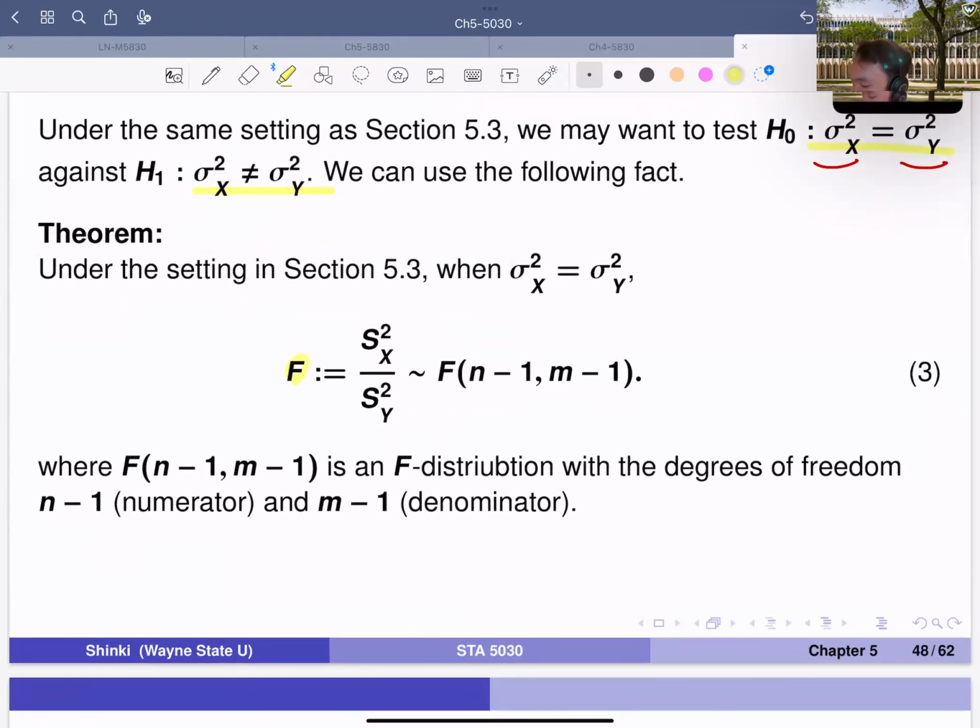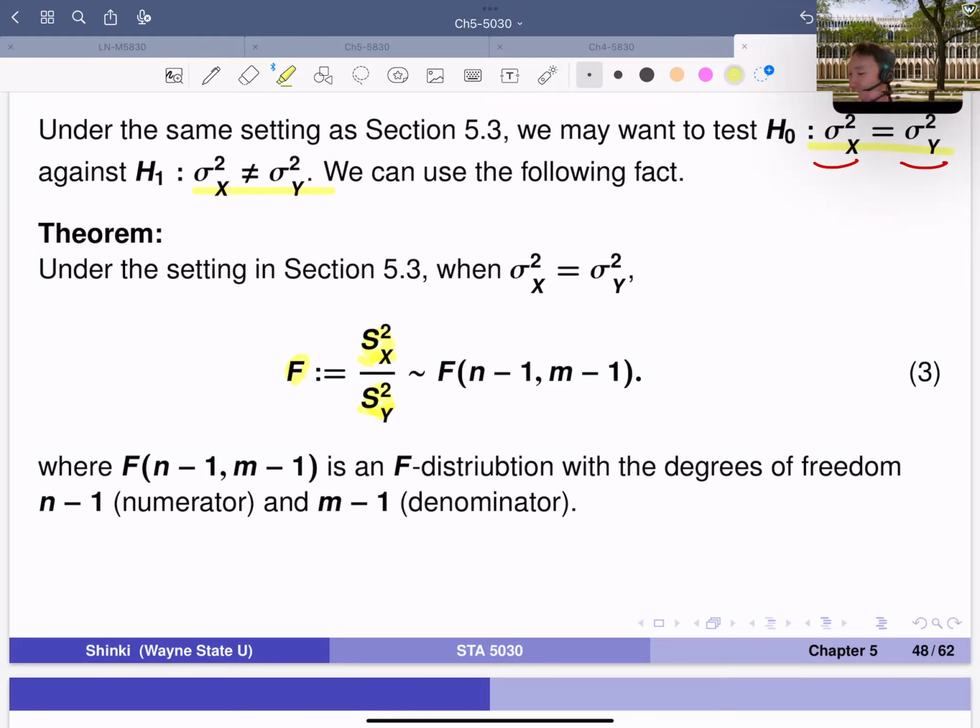And for the test statistic, naturally we take just the ratio of these two. Maybe the difference is also considered, but these two quantities are both positive, and mathematically the distribution of this ratio is easier to derive.